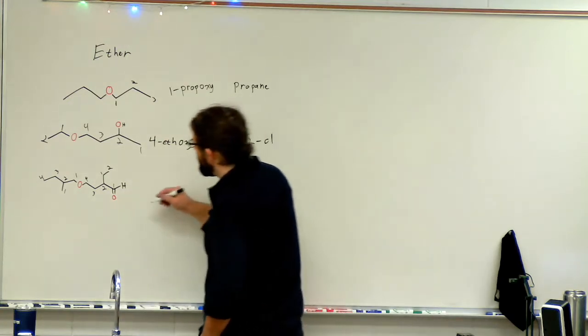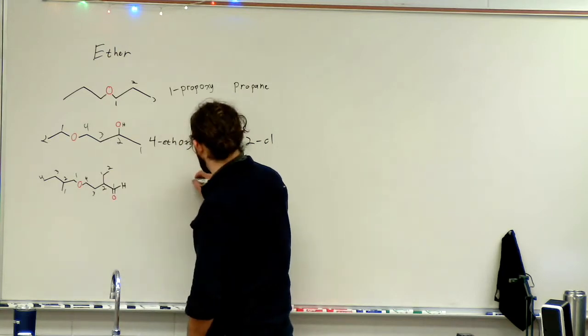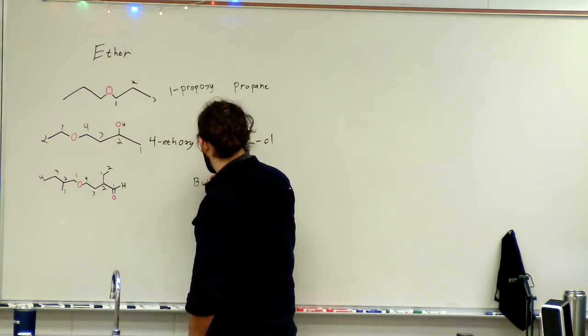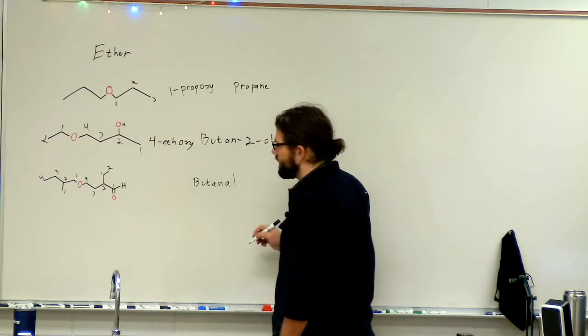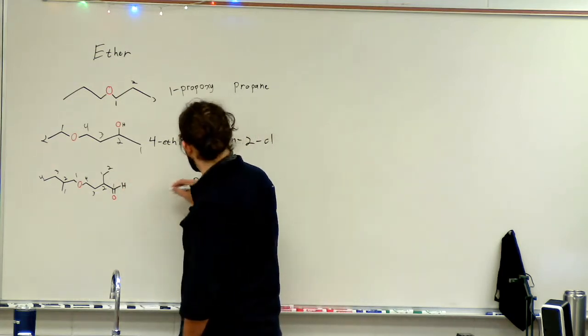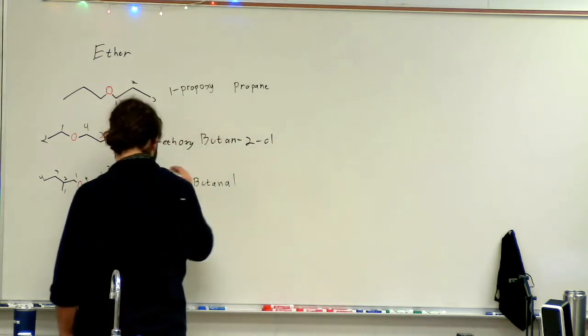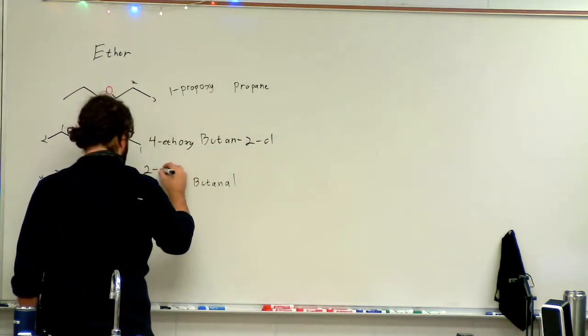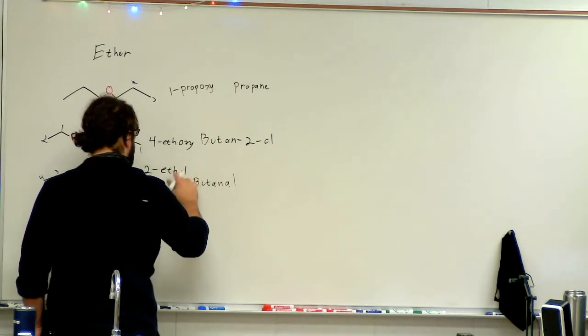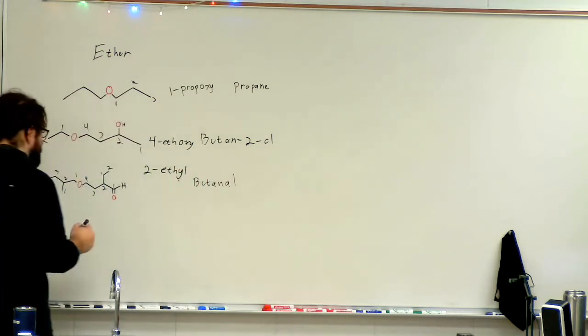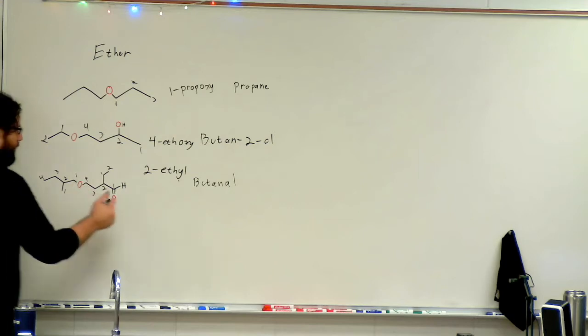The aldehyde is a 1, 2, 3, 4 group, so this is butanal. Okay. It has a 1, 2, 2-ethyl side chain. Let's just write that here. 2-ethyl. Okay. And then our ether occurs on carbon number 4.